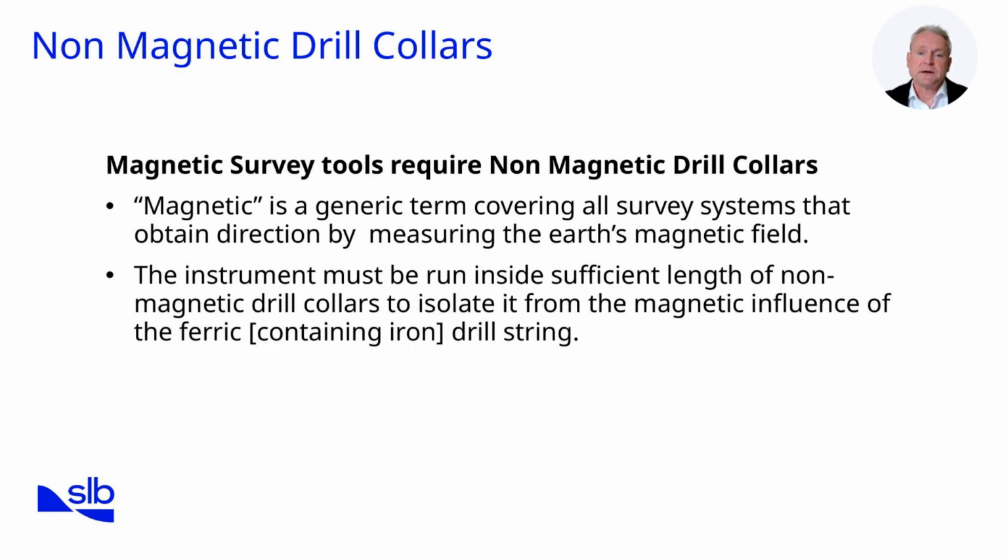It's important to remember that in this context, magnetic refers broadly to any tool that relies on measuring Earth's magnetic field. MWD systems, steering tools, and multi-shots all fall into this category. If they are placed inside standard steel drill collars, the readings will be compromised.